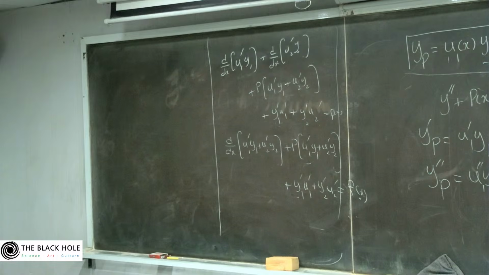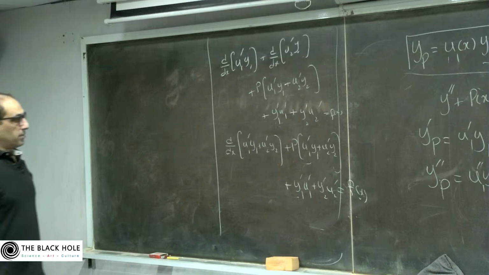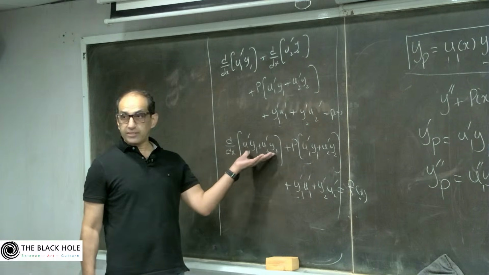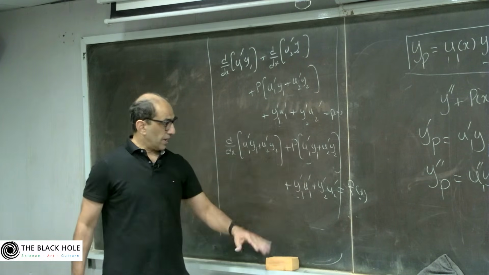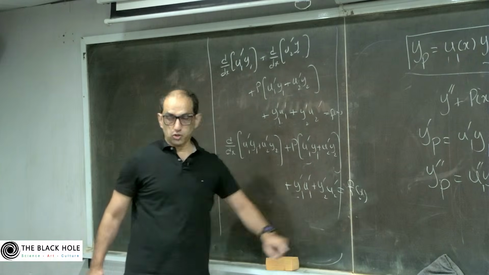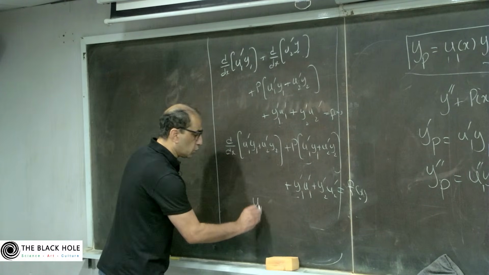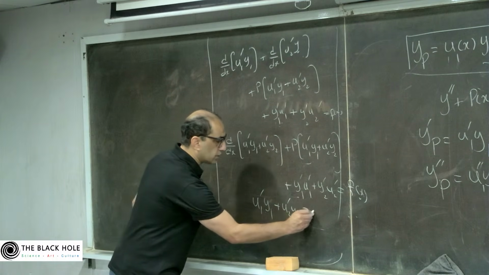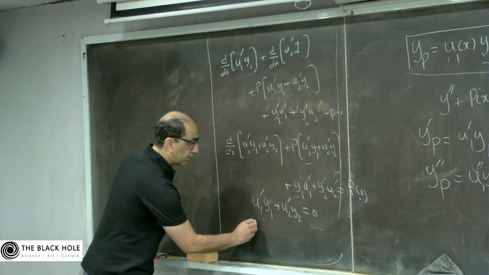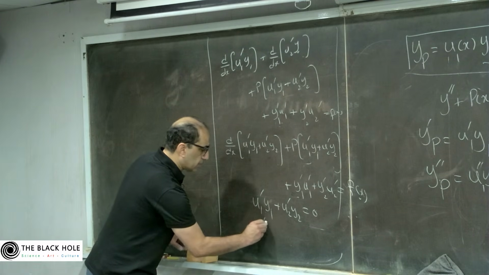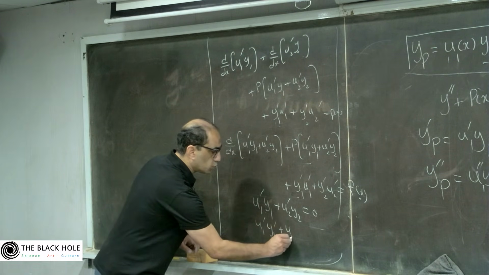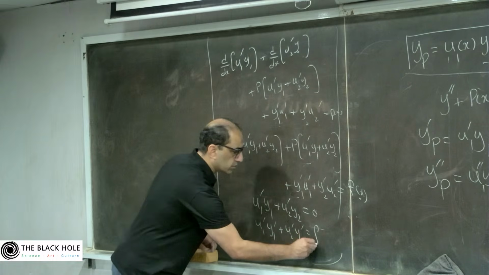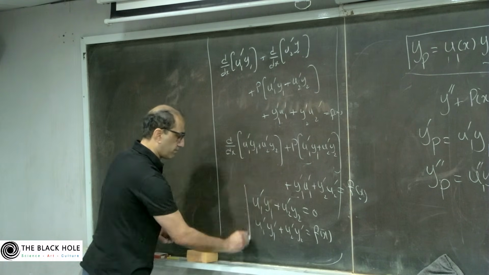So the two equations that I want to get: I can set this to be 0, and what I am left with is this equation. So I have two equations: u1 dash y1 plus u2 dash y2 is equal to 0, and u1 dash y1 dash plus u2 dash y2 dash is equal to f of x.